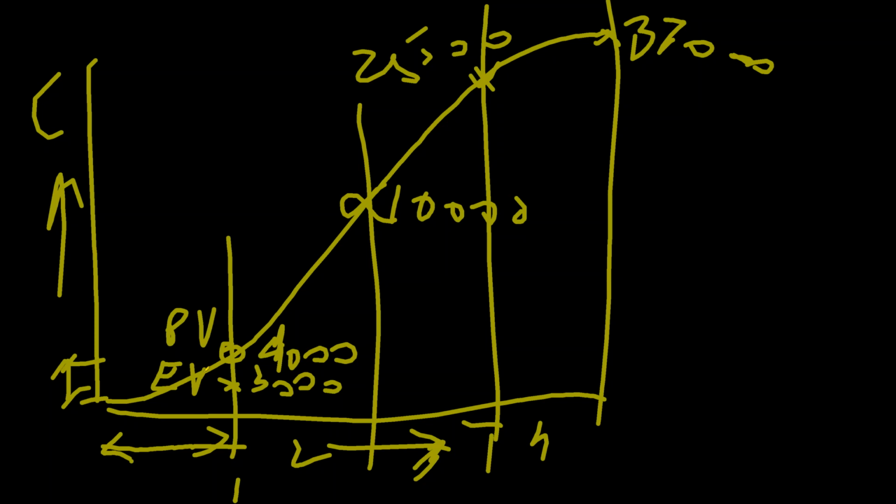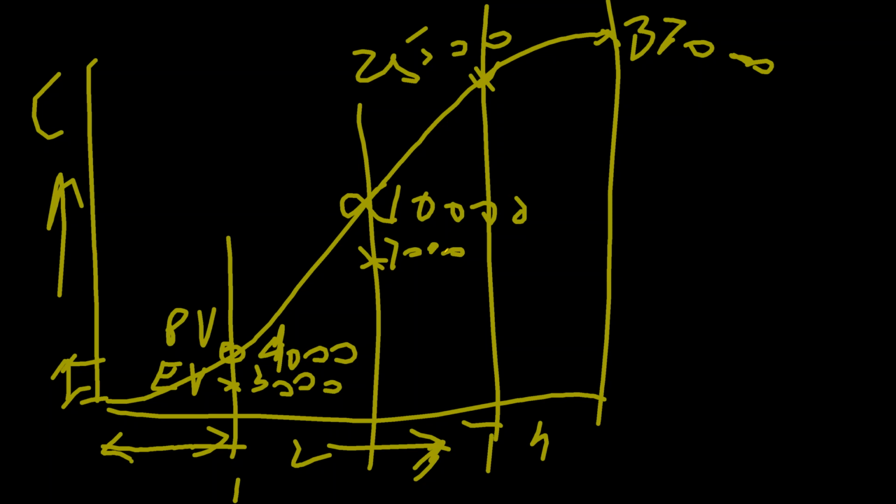By the end of second month, you could accomplish say 7,000. You are again not meeting the target. You have done less job worth 3,000. You only accomplished job worth 7,000 rupees, whereas your target was 10,000.